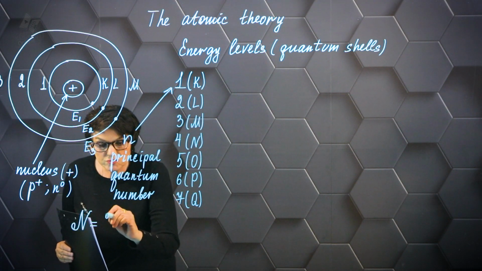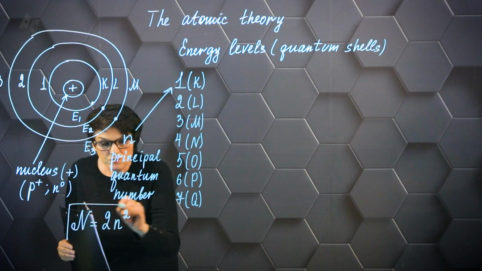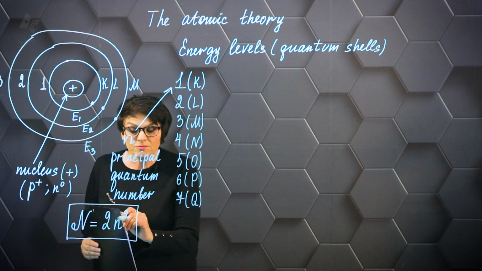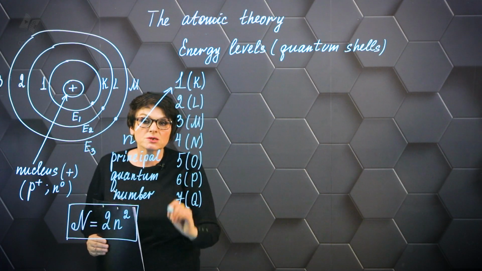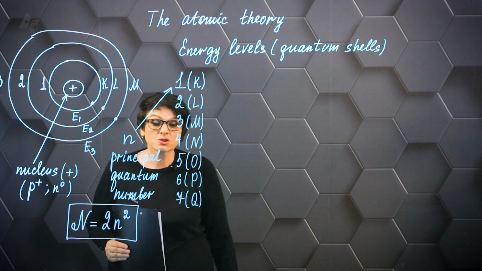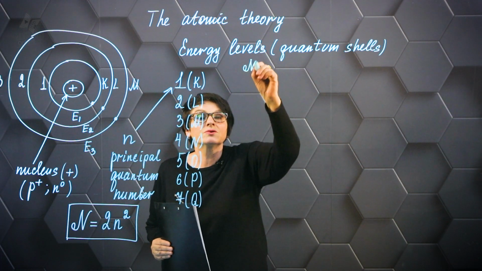in which we can determine how many electrons can fit at each energy level. Substituting the number of each of these levels instead of N, we can calculate the maximum number of electrons at each level. Let's do this for the first 4 levels respectively.